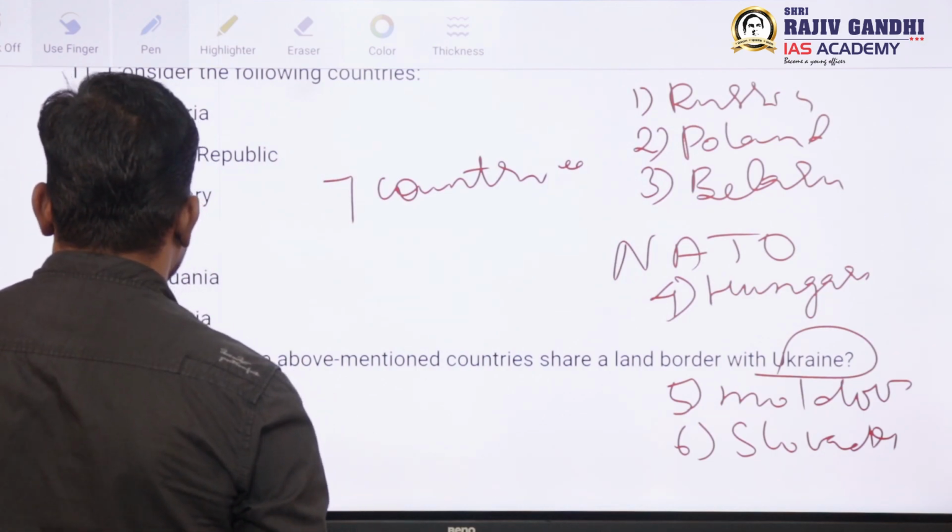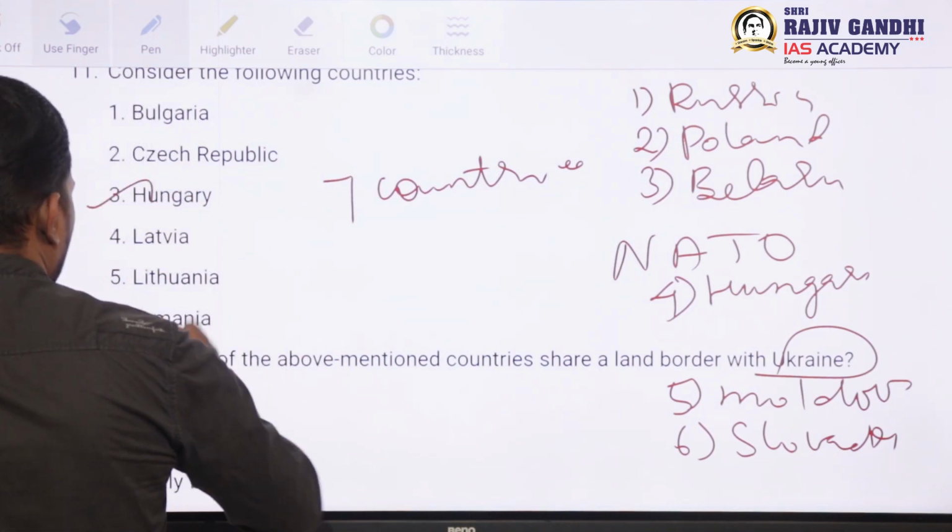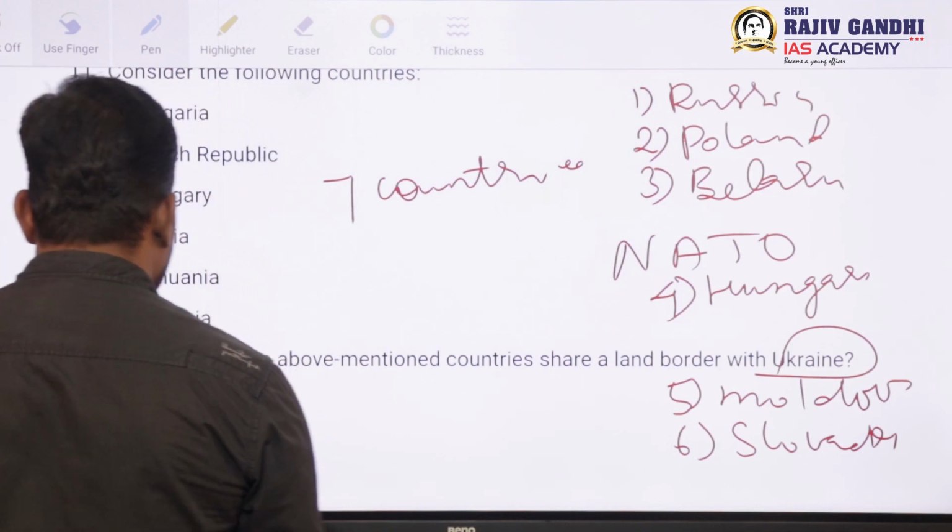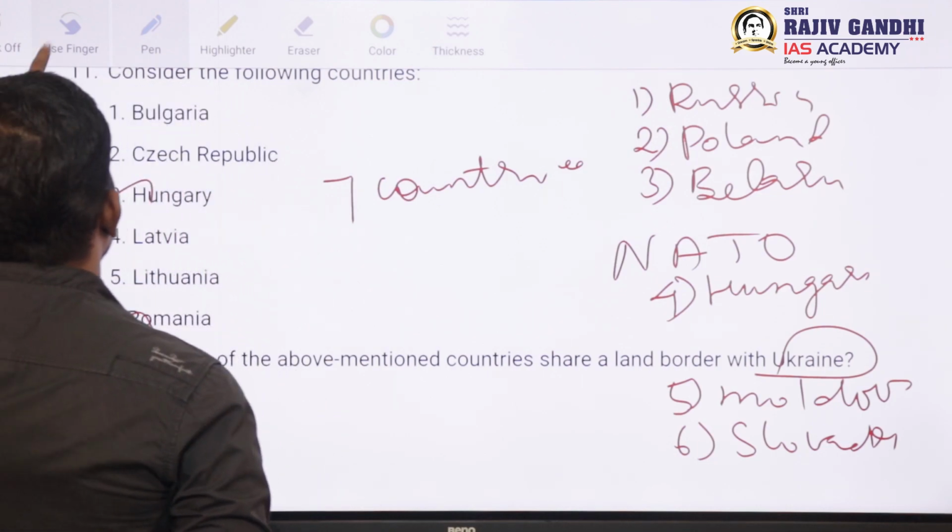In the given 6 countries, both Hungary and Romania share a land border with Ukraine. The answer is option A, only 2.